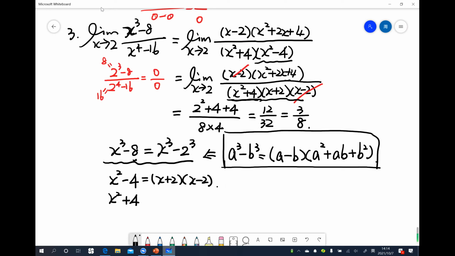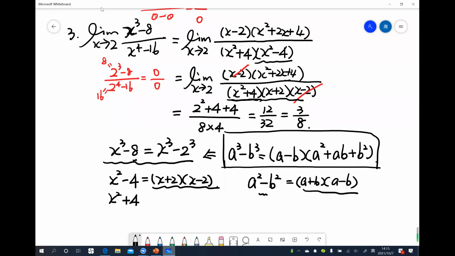The formula is a squared minus b squared equals a plus b times a minus b. But if the sign is plus, you cannot separate it using this formula. Okay, got it.